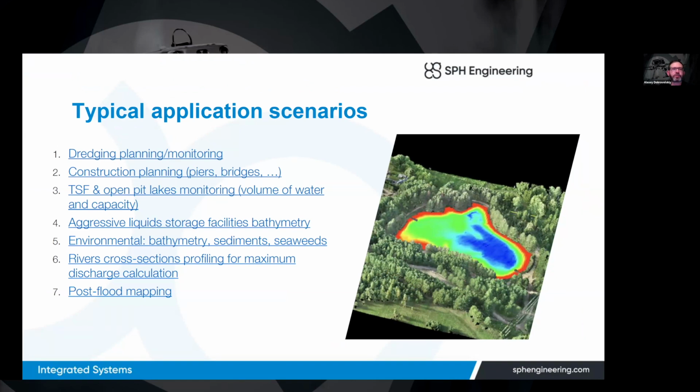Before dredging, you or your customer need to estimate the amount of work. And during the process, you need to monitor what was actually done, because the dredging contractor will bill the customer for the amount of removed sludge, sand, or something from the bottom.